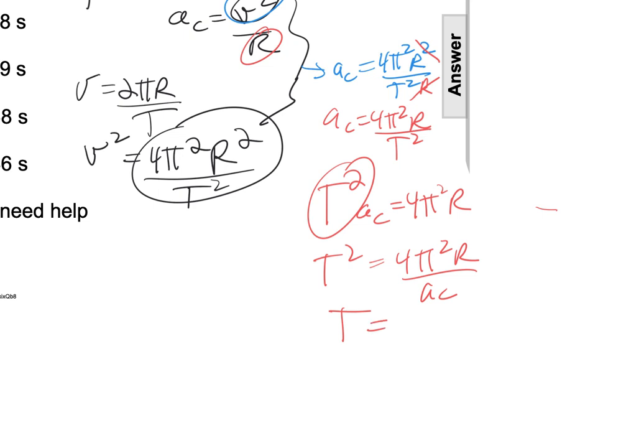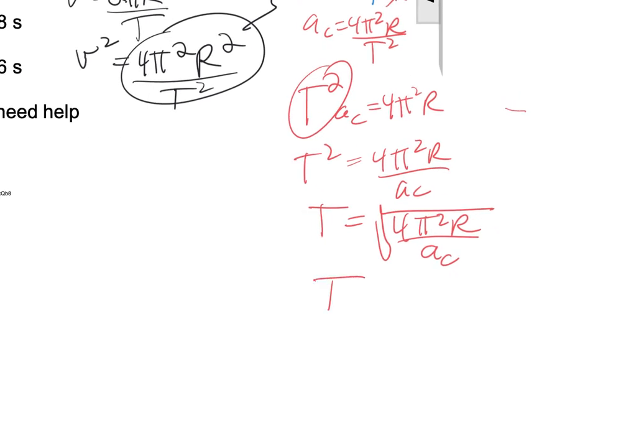So T equals the square root of 4 pi squared R over AC. You could simplify that, but you'd be plugging in numbers by now anyway. So it'll be 2 pi square root of R over AC. Okay? But you'd just be substituting numbers by now.